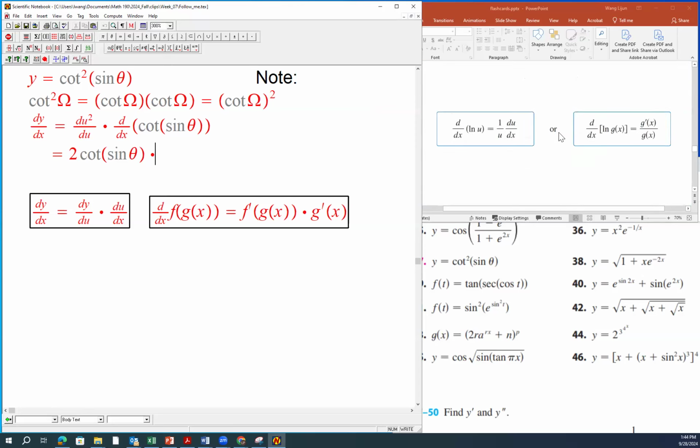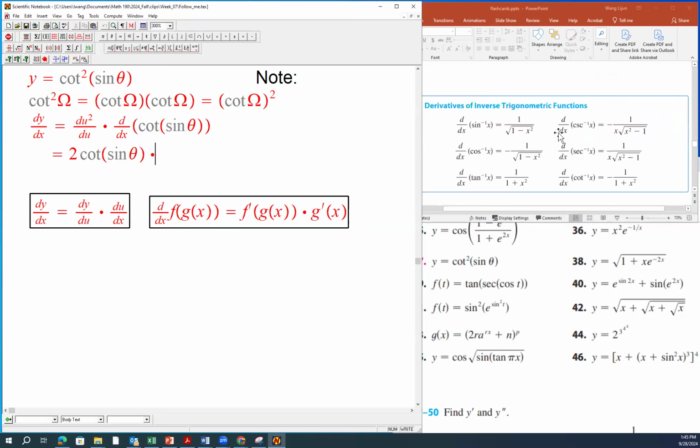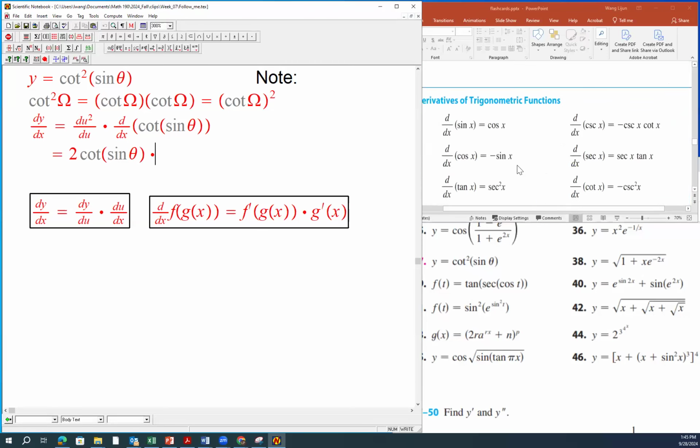The derivative of cotangent is cosecant squared. So we differentiate cotangent first. That's cosecant squared of sine theta. So that was our v, and we differentiate sine theta, that's going to be cosine theta.